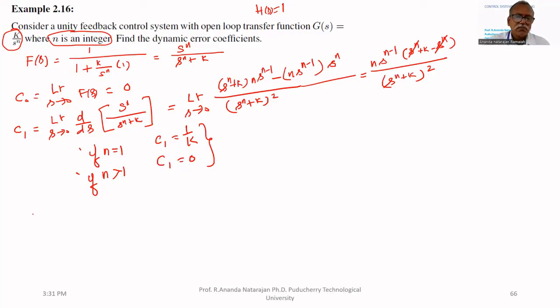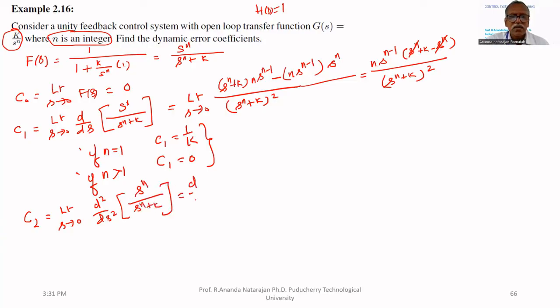C2, we have to find C2. C2 equal to limit s tends to 0 d square by ds square of s power n upon s power n plus k.